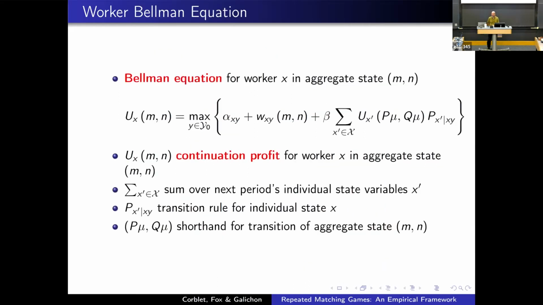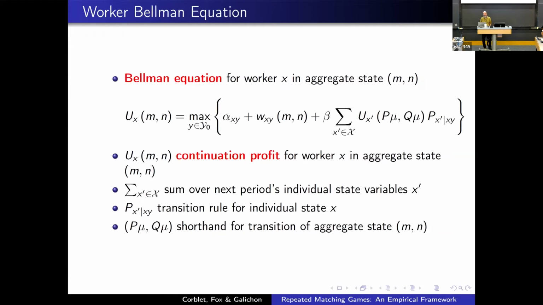Okay, so then we can write that worker problem recursively using Bellman's equation. So this is just the continuation profit on the left-hand side. On the right-hand side, it appears as well as reflecting the future payoffs if you're a type X prime next period as a function of matching with Y. So in the current period, you're going to have a worker type X who's going to enter during a period where the aggregate state is M and N, a vector of worker types and a vector of firm types.